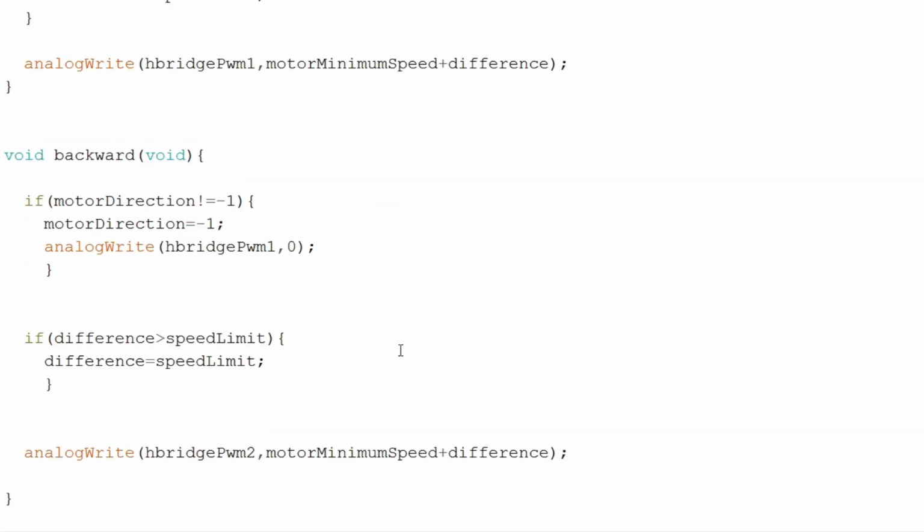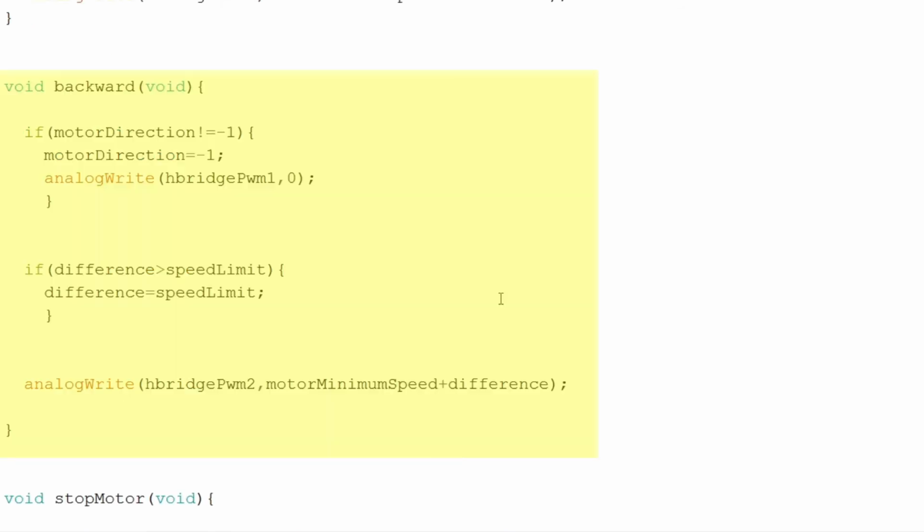Next, we come to the backward function. This function controls the reverse motion of the motor. This function is structured exactly the same as the forward function. The notable differences are the change to the motor direction variable and the reversal of the H-bridge PWM pins. For reverse motion, the value of the motor direction variable is -1.